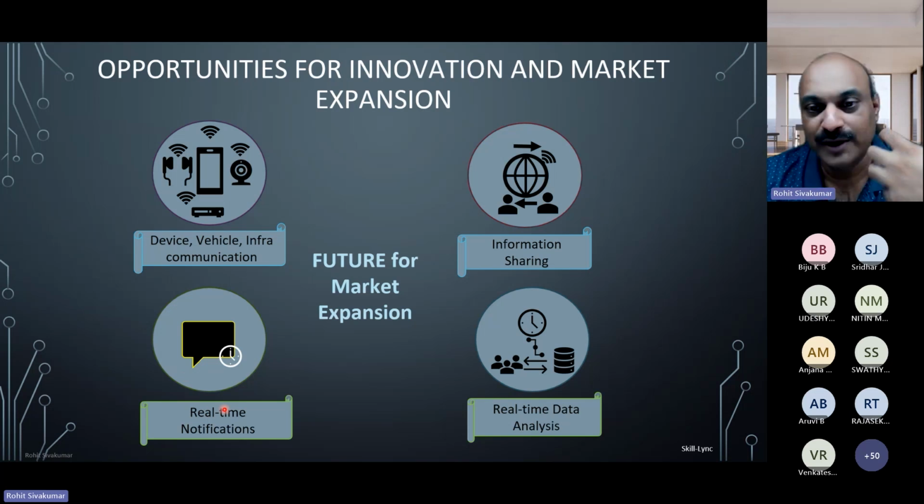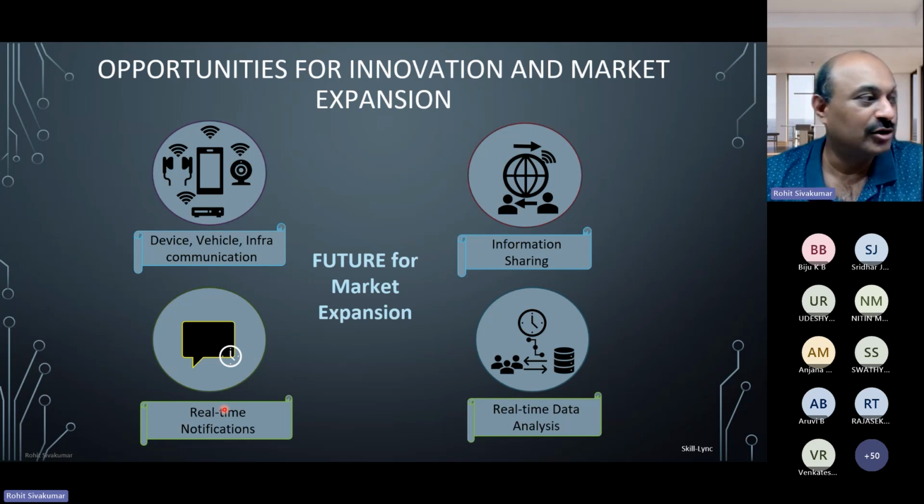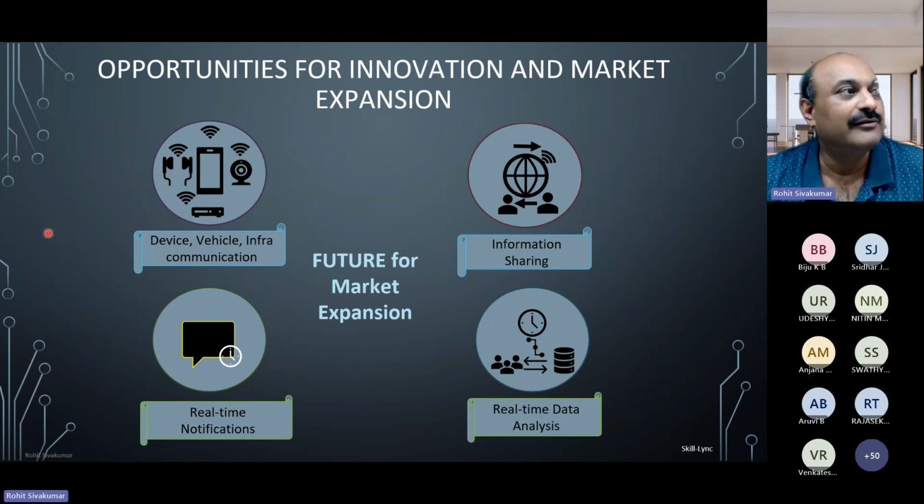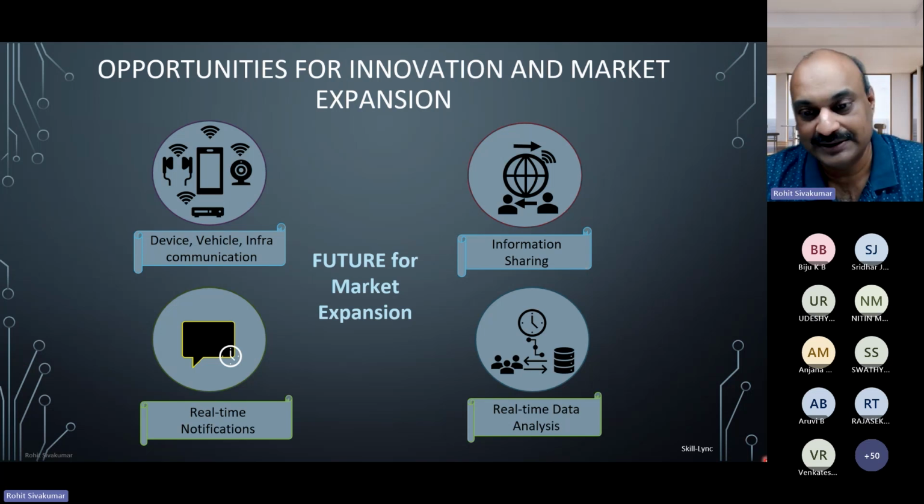How can you make sure your travel times are very efficient? Making sure that your car has minimum repairs, making sure that you have as much you can get out of your car for the cost that today we pay. So those are all collectively giving rise to the future opportunities that today we have in the automotive space.